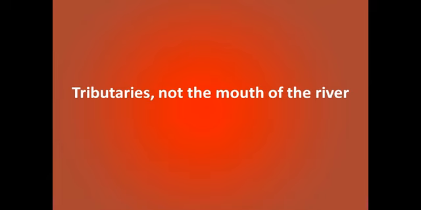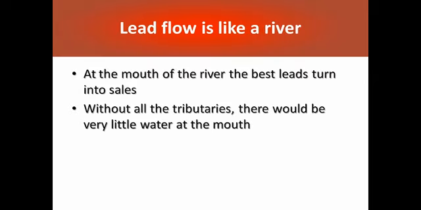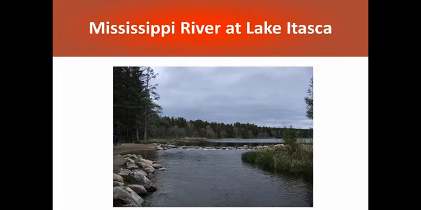At the mouth of the river, that is where the highly qualified lead turns into a customer. However, there's an awful lot of tributaries that feed the river, and we need to be worried about the tributaries. Our lead flow is very much like a river: the best leads turn into sales at the mouth, but without all the tributaries, there wouldn't be very much water at the mouth of the river.